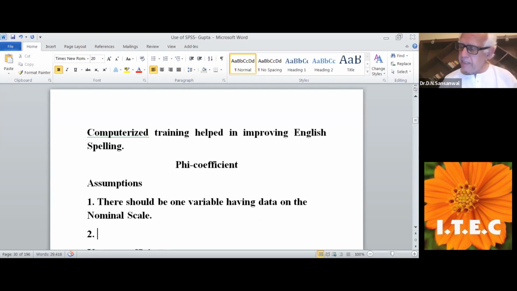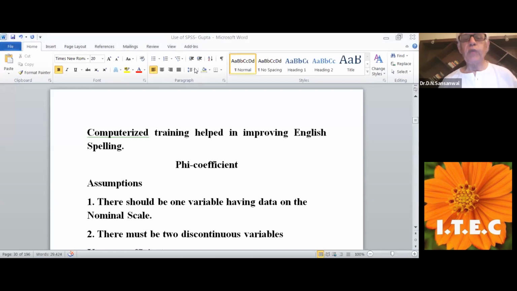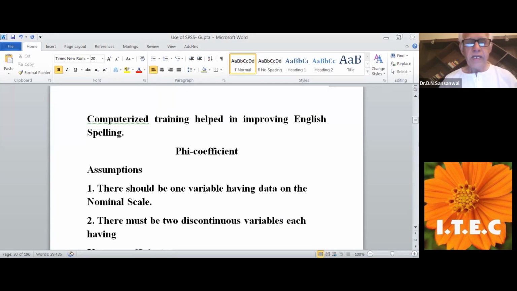And there must be two discontinuous variables, each having two levels. McNemar is more powerful than Cochran.